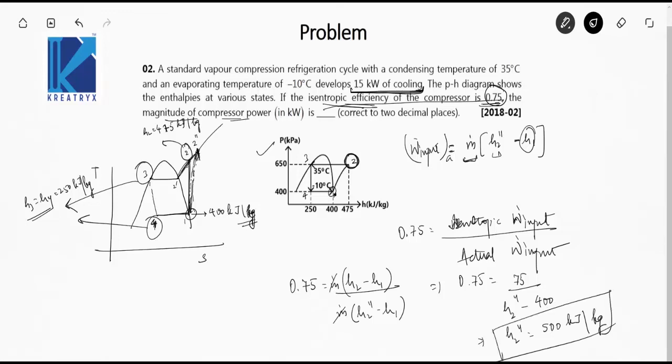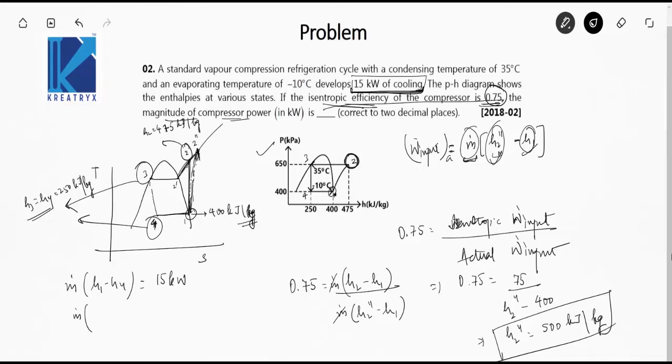Now we have h1 and h2 double dash. The next value to find is m dot, but there is one more piece of data in the question, that it develops 15 kilowatt of cooling. The refrigeration capacity is m dot (h1 minus h4), and this is equal to 15 kilowatt.